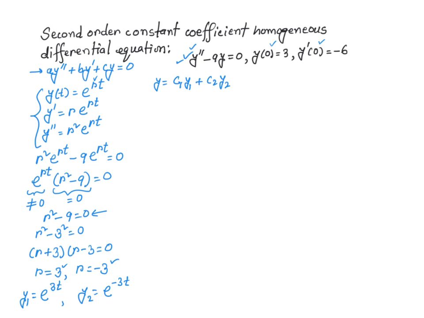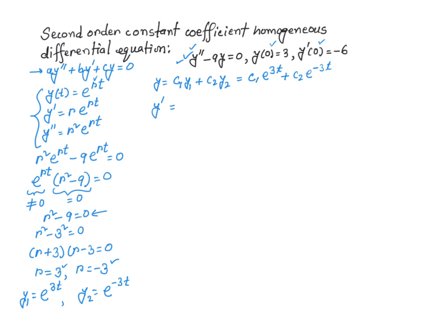Now let's go ahead and write it out. So it's going to be y is equal to c1 e to the power 3t plus c2 e to the power negative 3t, right? Now y prime, we need to find that.